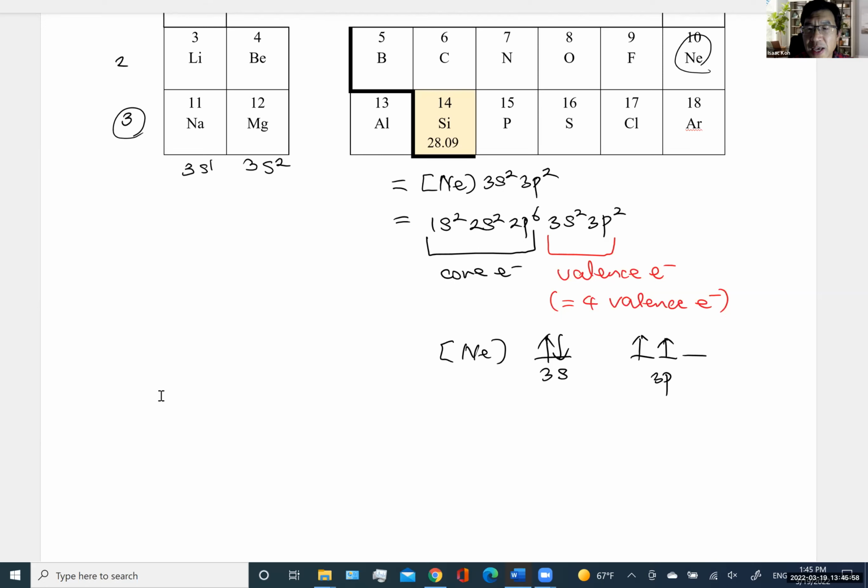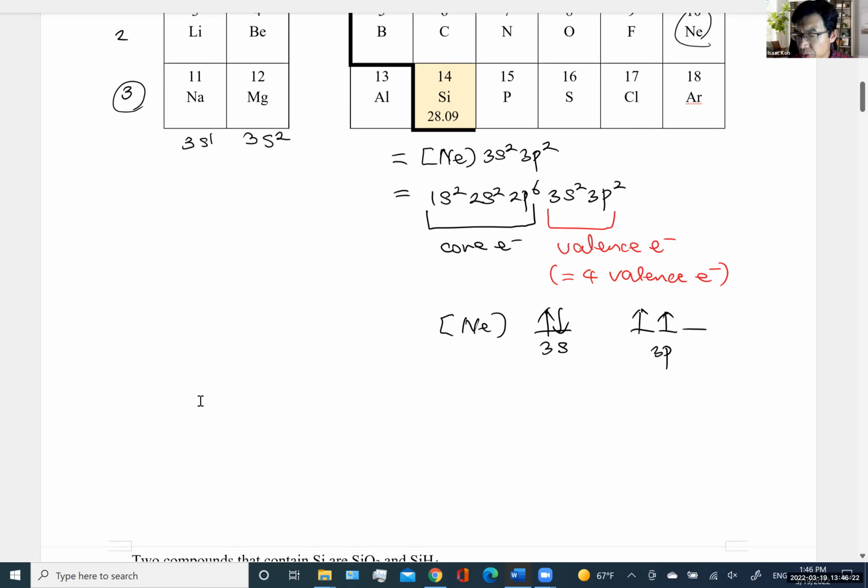Their shape is exactly the same and the energy level is the same. We call these degenerate orbitals, but their orientation is different. When you fill electrons into the 3p subshell, we fill singly first with up spin. So that's the electron configuration and diagram of silicon.